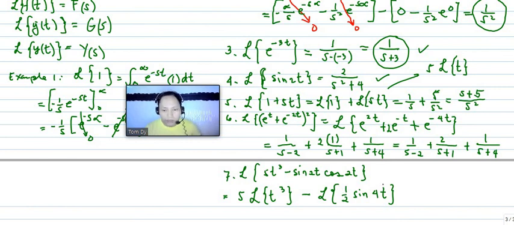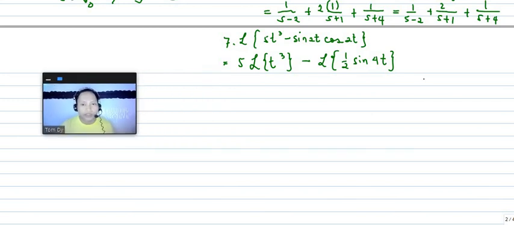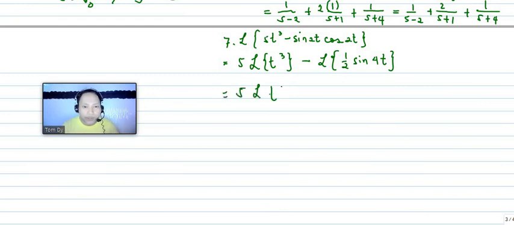So this part is equivalent to 1/2 times the Laplace transform of sine 4t. So I will transfer this one. Okay, rewriting again, we have here 5 times the Laplace transform of t cubed minus 1/2 times the Laplace transform of sine 4t.